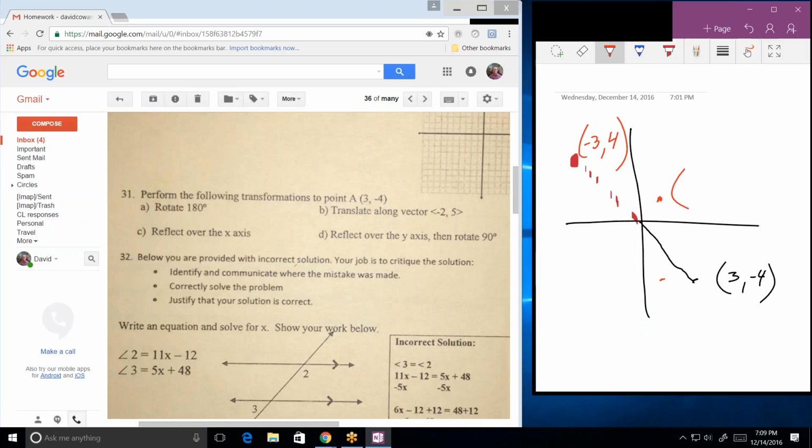Well, I subtract 2 from the 3 and I add 5 to the -4, and so you end up at 1, 1. When you're talking vector, direction matters. The first part of that vector, -2, meant that I had to go to the left. The second part of the vector, +5, meant I had to go up, not down.